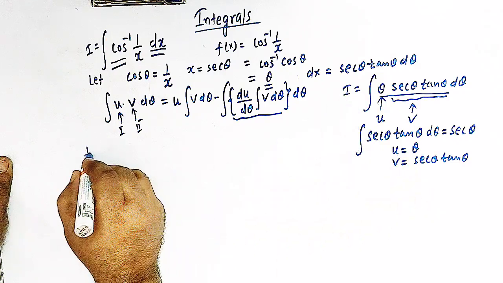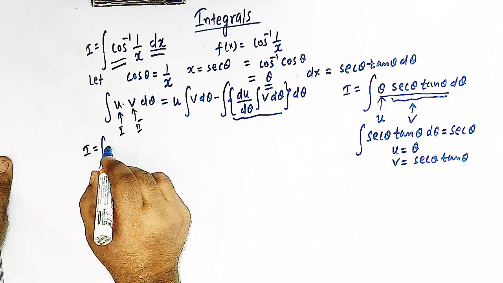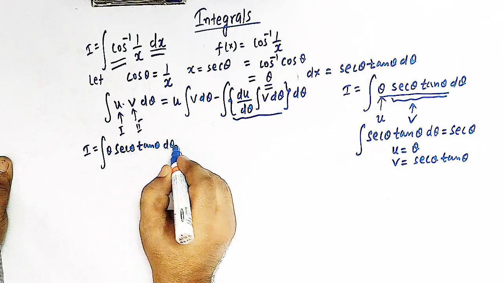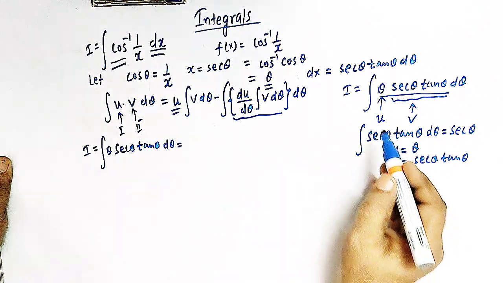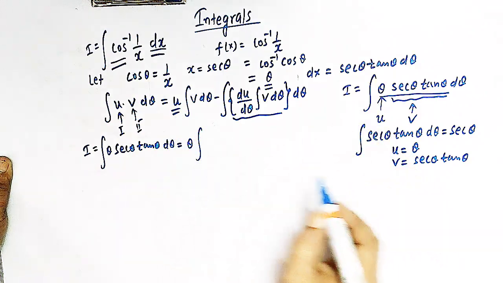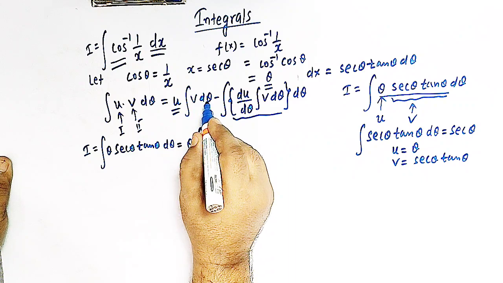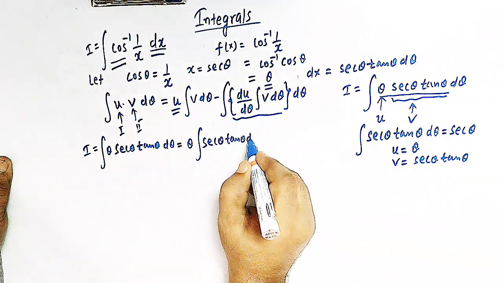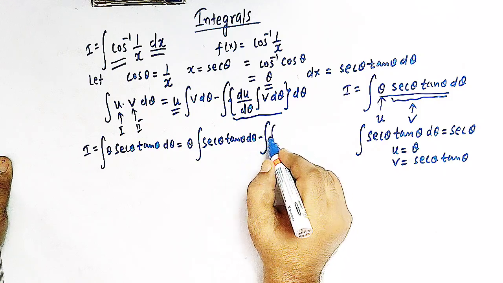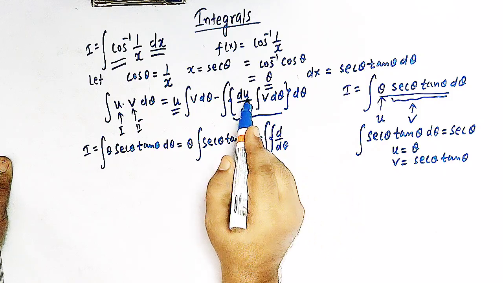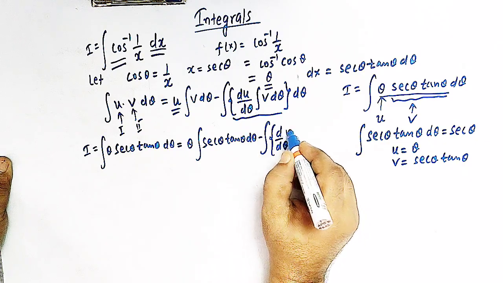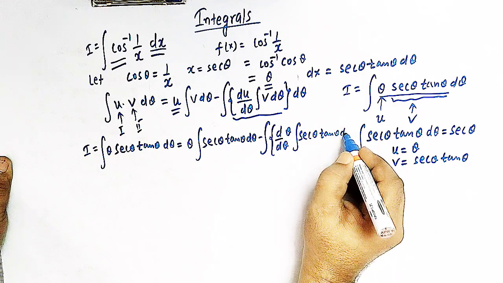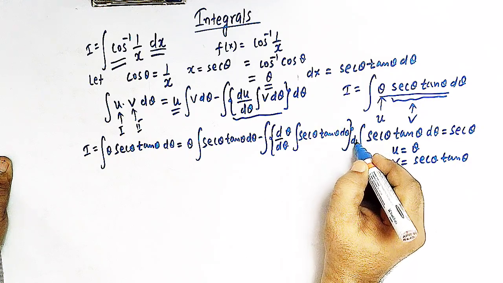So our integral I, which is the integral of theta secant theta tan theta d theta, is equal to u, which is theta, times the integral of v d theta, that is secant theta tan theta d theta, minus the integral of the derivative of u with respect to theta, and then the integral of secant theta tan theta d theta, and then d theta.